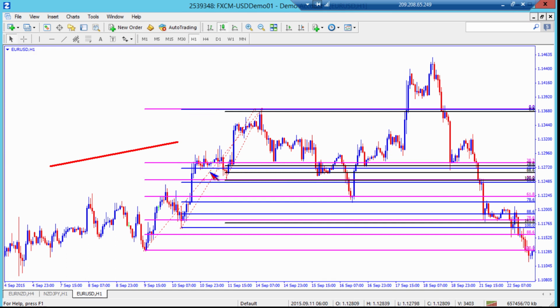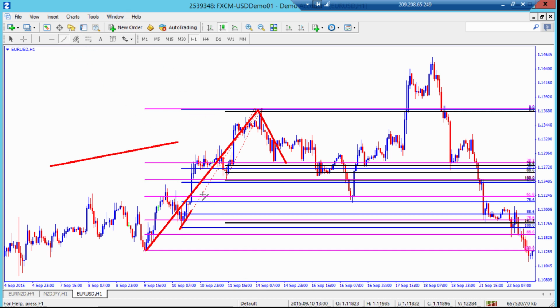So what it leaves is you have the highest high to shallow retracement. So from here to here, and from here to here, you have a 38% retracement. All right.